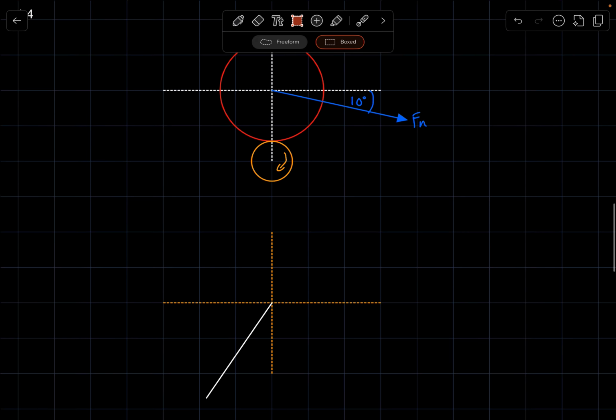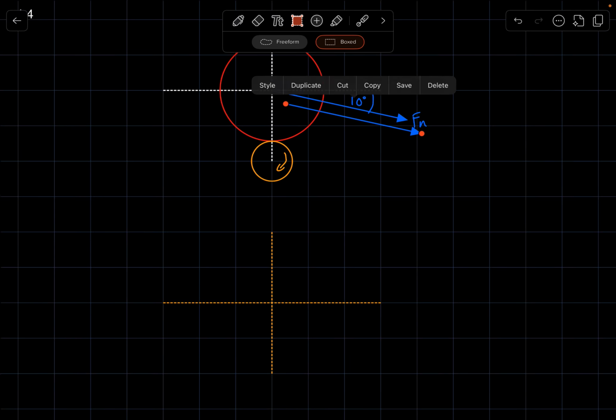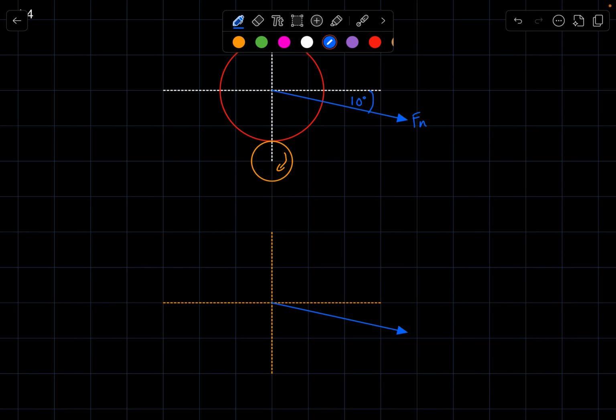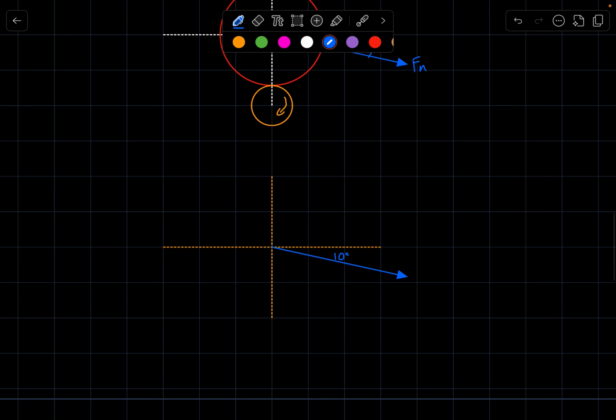So essentially, this is what we have. This will be acting at 10 degrees from the x-axis of the Cartesian plane of the line shaft in the fourth quadrant.